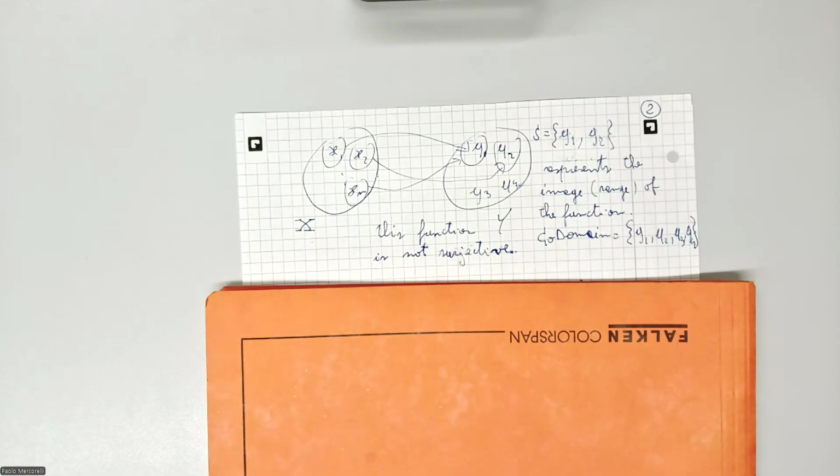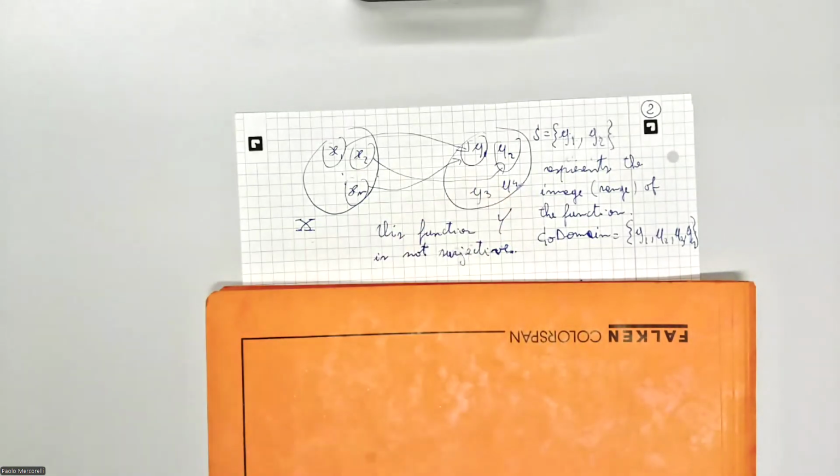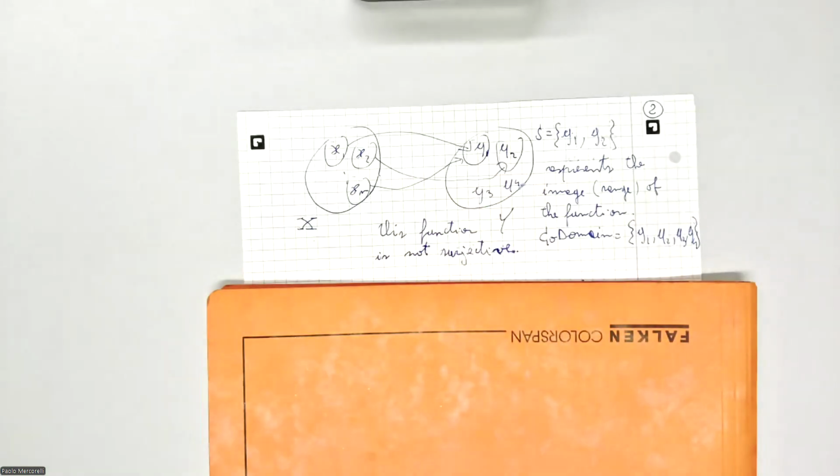If you give me some minutes, I will try to find it. But intuitively, we can see here in the codomain two elements which are there, but they don't have a corresponding X. This is the concept of surjectivity.